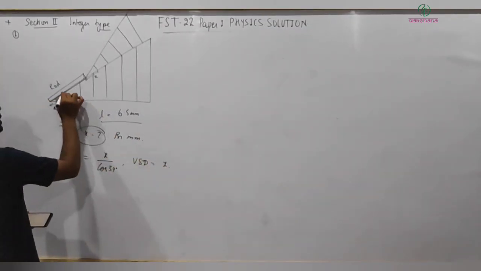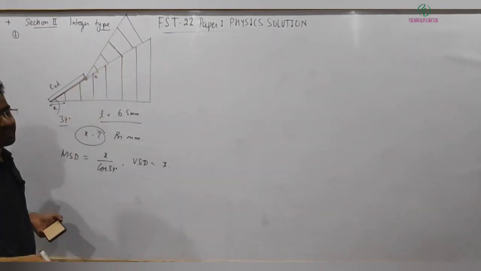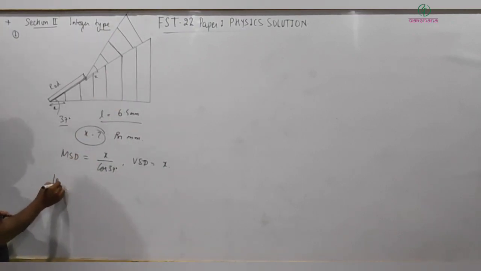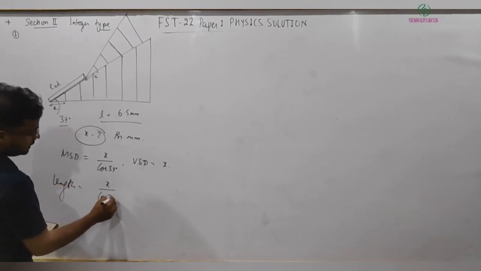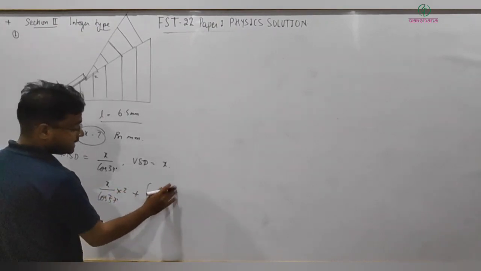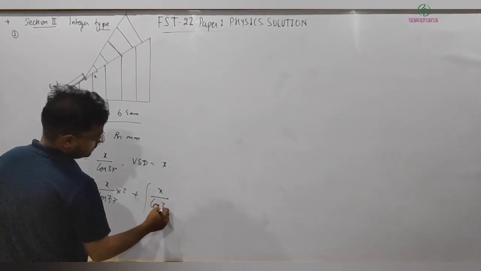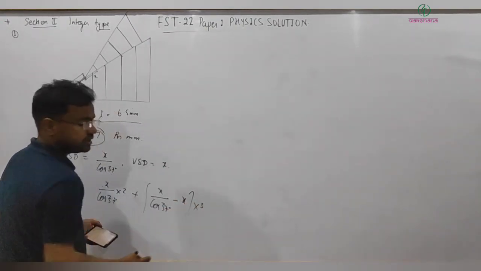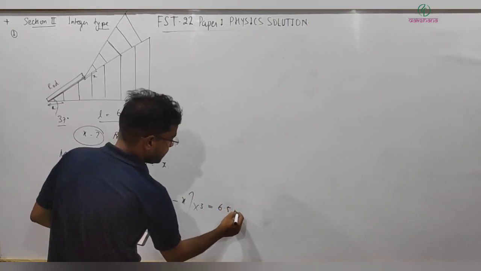Now here two divisions, 1 and 2, are complete, and the third division of the vernier scale is matching with some division on the main scale. So then I can write the reading, means length, as x by cos 37 degree multiplied by 2 because of 2 divisions, plus least count, which is MSD minus VSD, that is x divided by cos 37 degree minus x, multiplied by the division which matches, and this length is given as 6.5 mm.